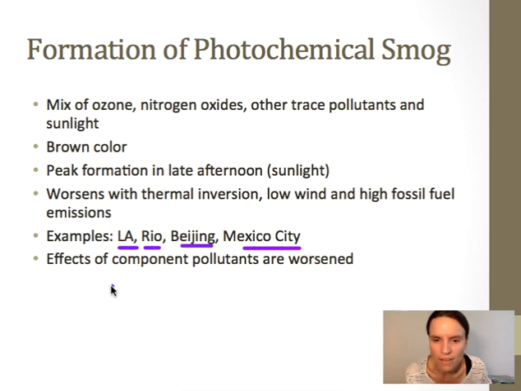The health effects of photochemical smog for human populations are really serious, because the effects of all the component pollutants are worsened when they're put together. So photochemical smog is one of the reasons why a lot of cities have air quality warnings, where you're not even supposed to go outside if photochemical smog conditions are bad enough in a given day. And again, that is dependent on the weather.